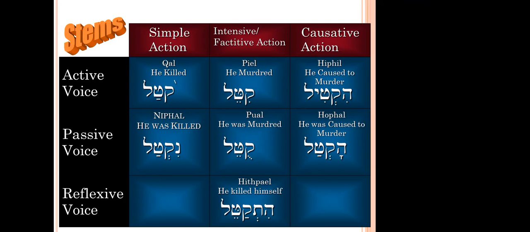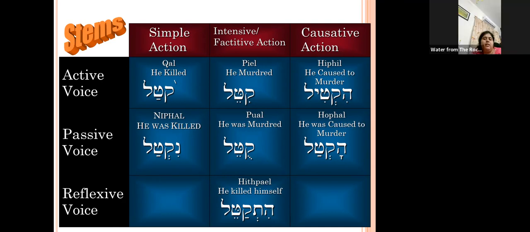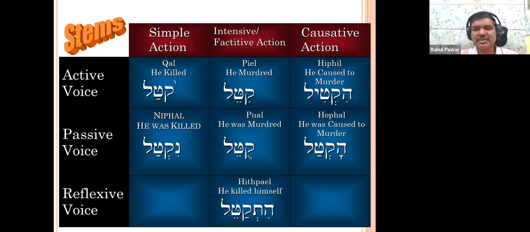Now, what do you observe in this Hitpael? Hit. So it's very easy. Wherever you find hit in a verb conjugation, that means it is Hitpael.